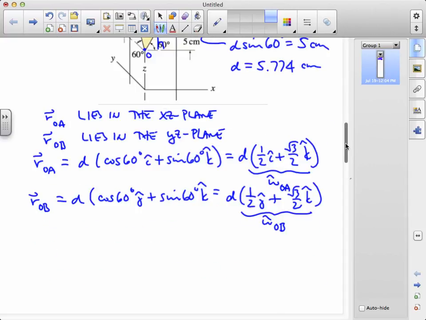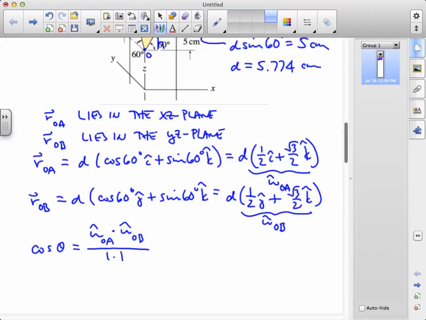Now, one of the nice things about unit vectors in a problem like this is that they each have magnitude 1, so we can find cosine of theta, the angle between these two vectors, as u_OA dot u_OB divided by the magnitude of each of those vectors, which is just 1.